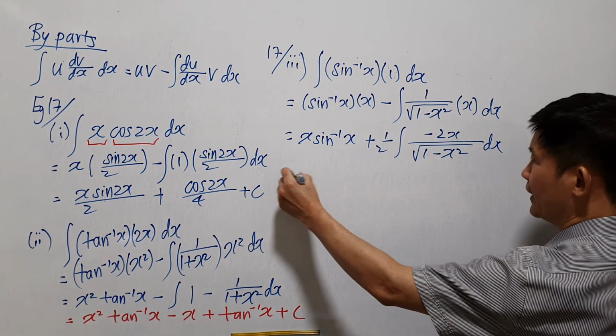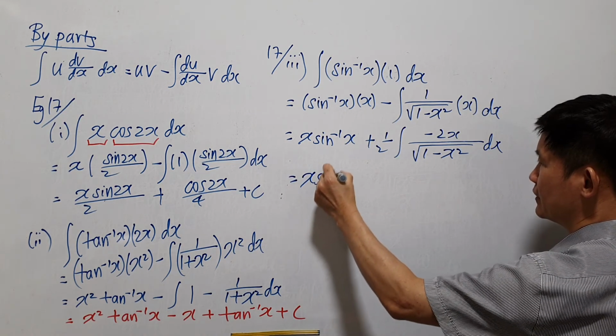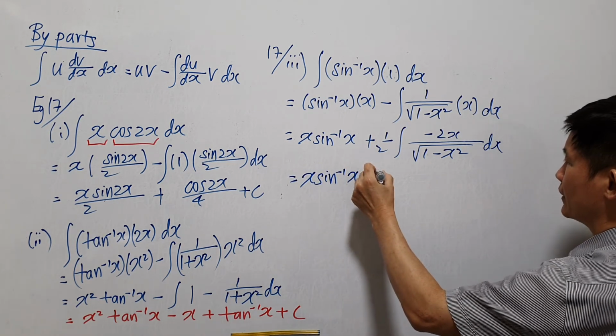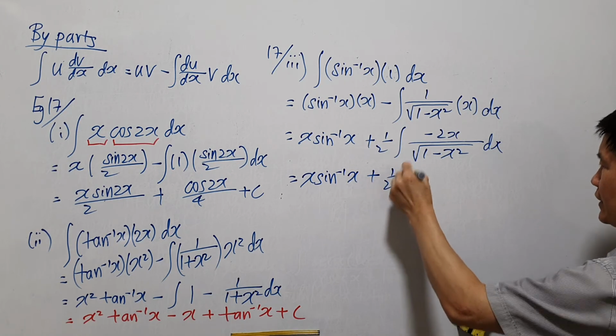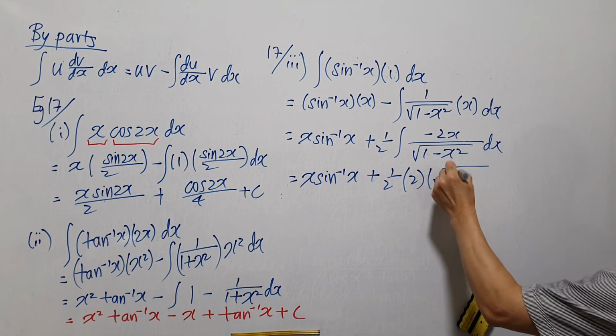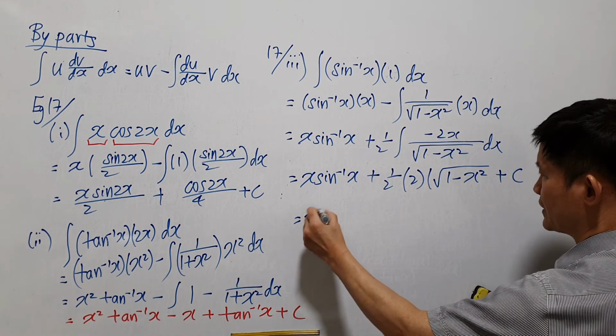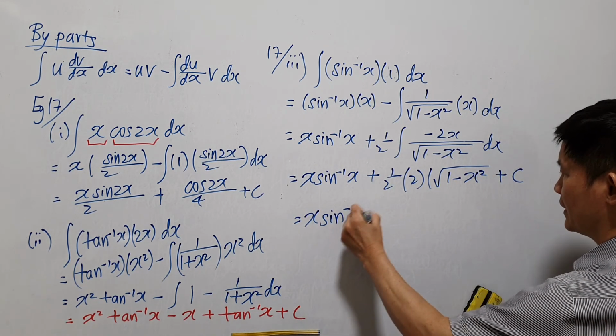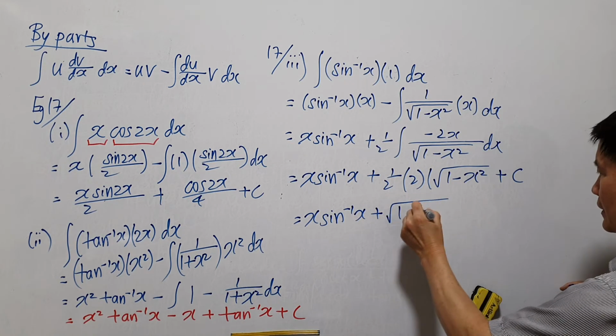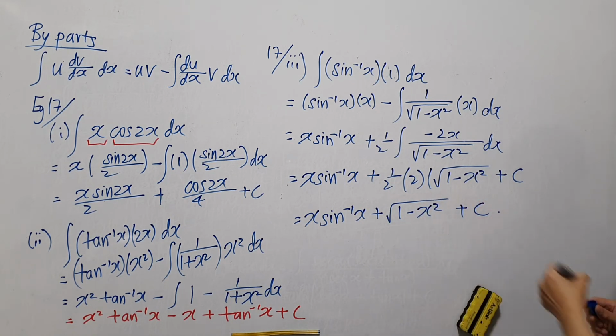So then I can get twice of the denominator. So at the end, I tidy up this to become simply like that. This is example 17, part 1, 2, and 3.